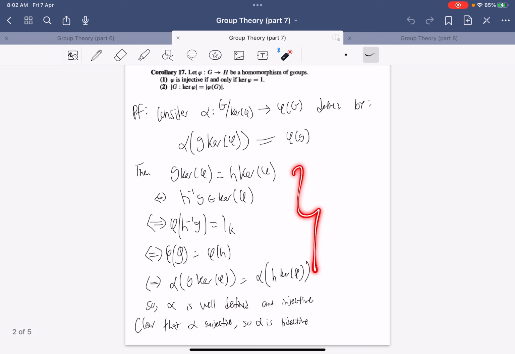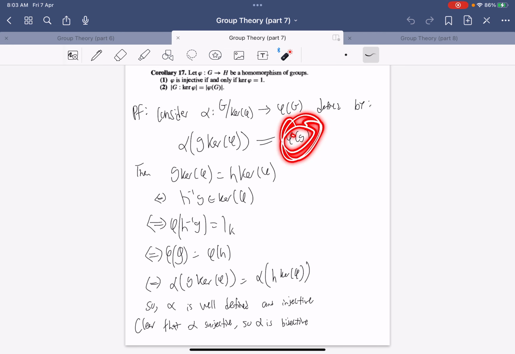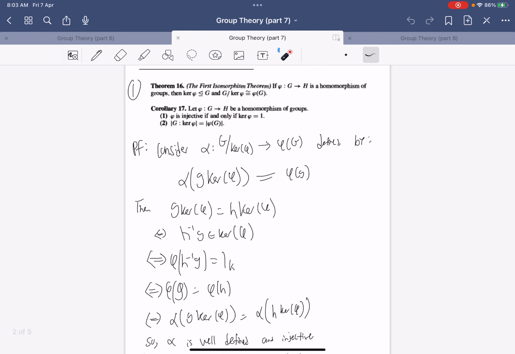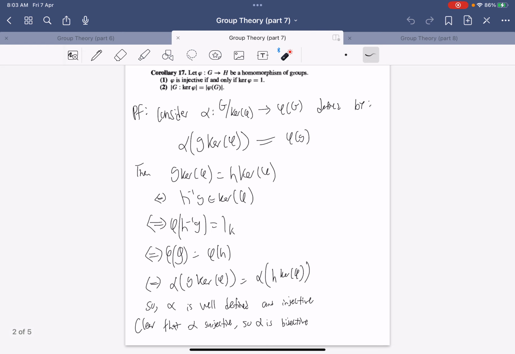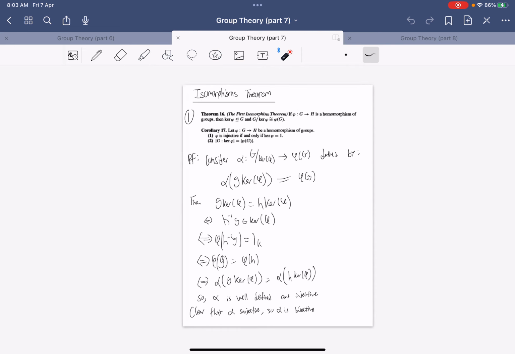This also shows that it is injective because when the images are equal, then the elements must equal each other. And then it's clear that alpha is surjective because any element here can be found in here, since phi of G will be a subset of H. So now this shows that alpha is bijective, and hence you have a bijection between these two.